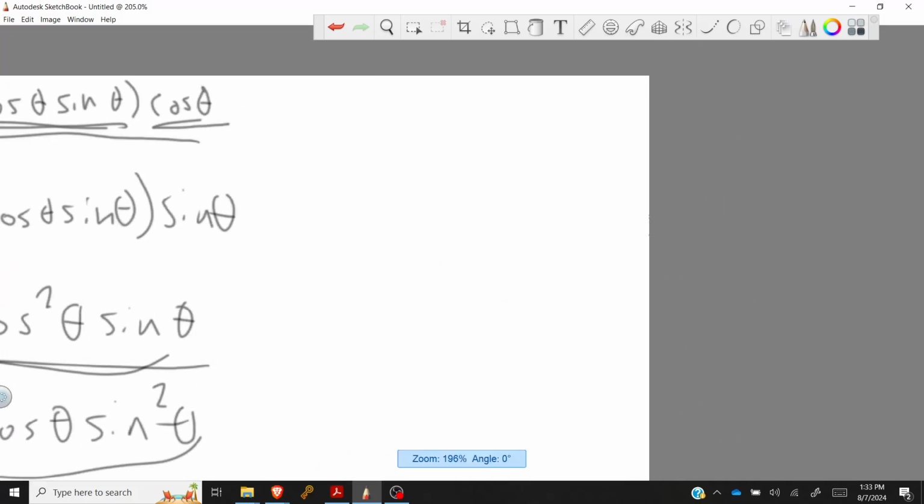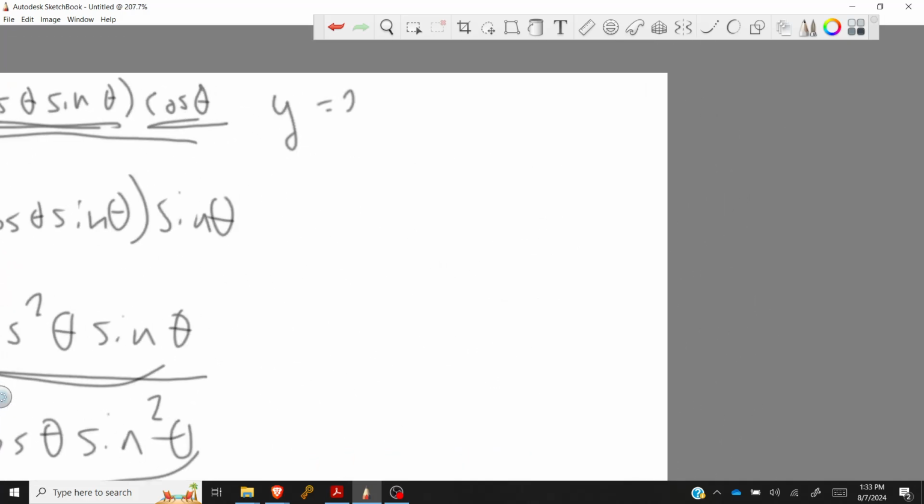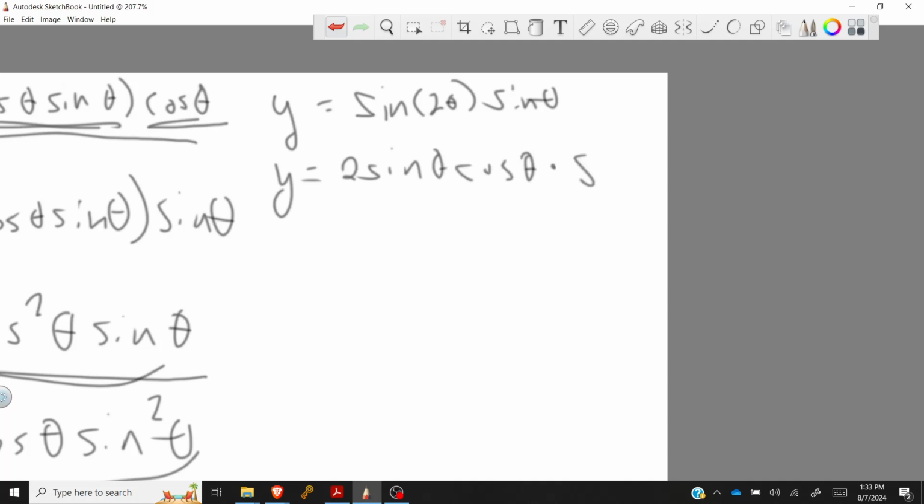But I'll show you how the homework does it. So it's recognizing that y is equal to 2 sine 2 theta times sine theta, and then it does the identity for sine 2 theta, so then y is equal to 2 sine theta cosine theta times sine theta.